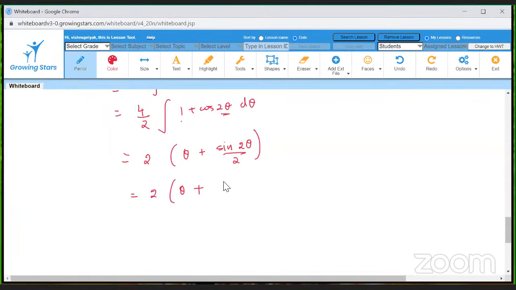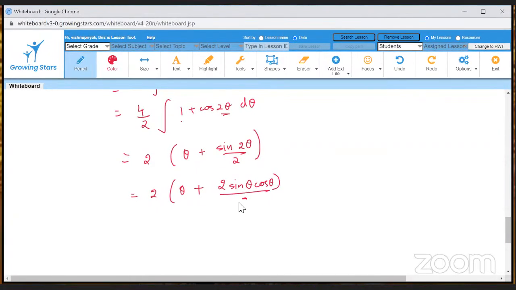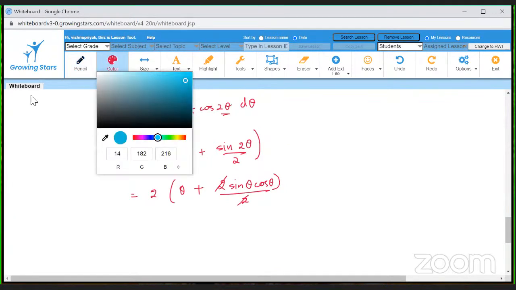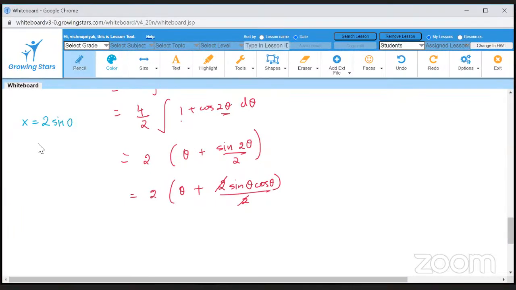Theta plus sine 2 theta, you write 2 sine theta cos theta, formula which you know. So that 2 and 2 will cancel. Now if you remember, we have taken x as 2 sine theta. Sine theta is x by 2. Theta is sine inverse x by 2.